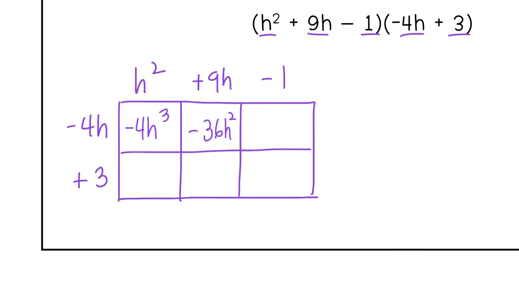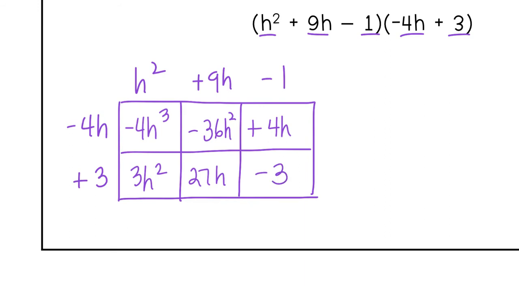Negative times a negative is going to make this positive 4h. Okay, now bottom row. 3 times h squared is 3h squared. 3 times 9h, 3 times 9 is 27h. And then last one, 3 times negative 1 is negative 3.